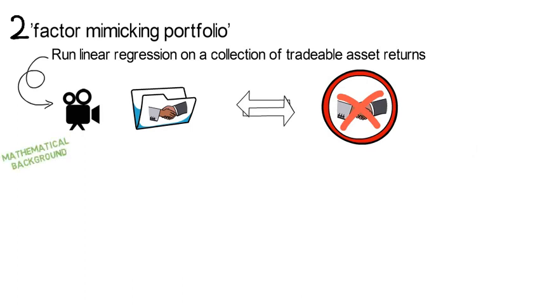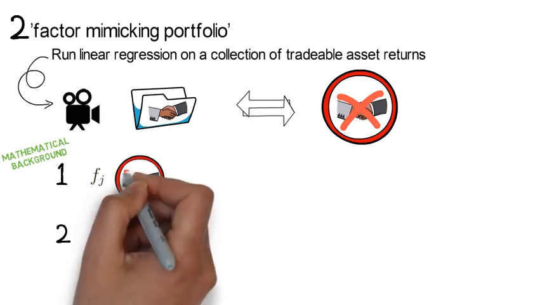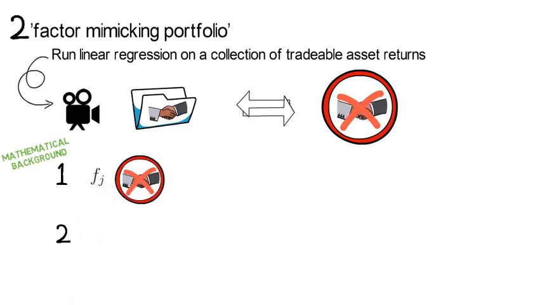So let's go through some basic math to see exactly how that intuition translates into equations. If you're fine with the intuition, you can just stop the video here. Otherwise, let's go through these equations together. Assume that risk factor Fj is not tradable, while all the other factors FL, for L being different from J, are tradable risk factors.